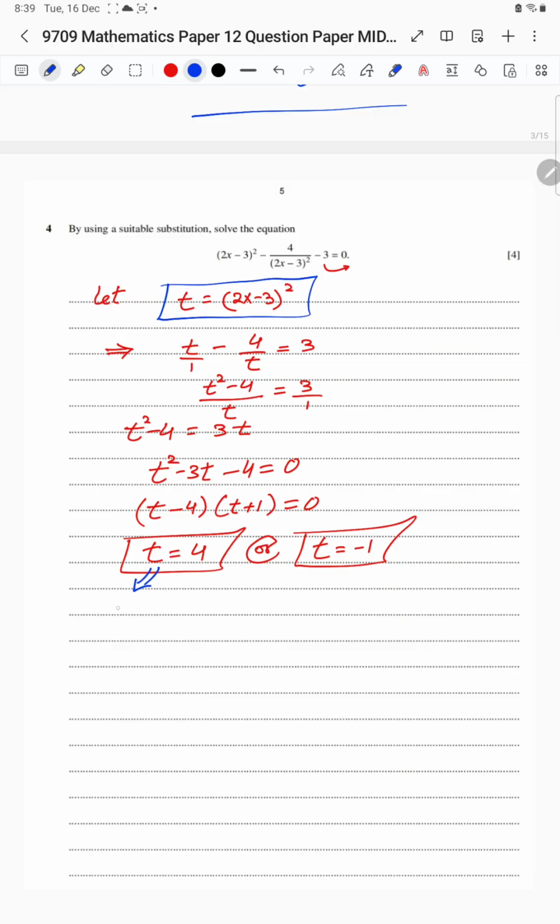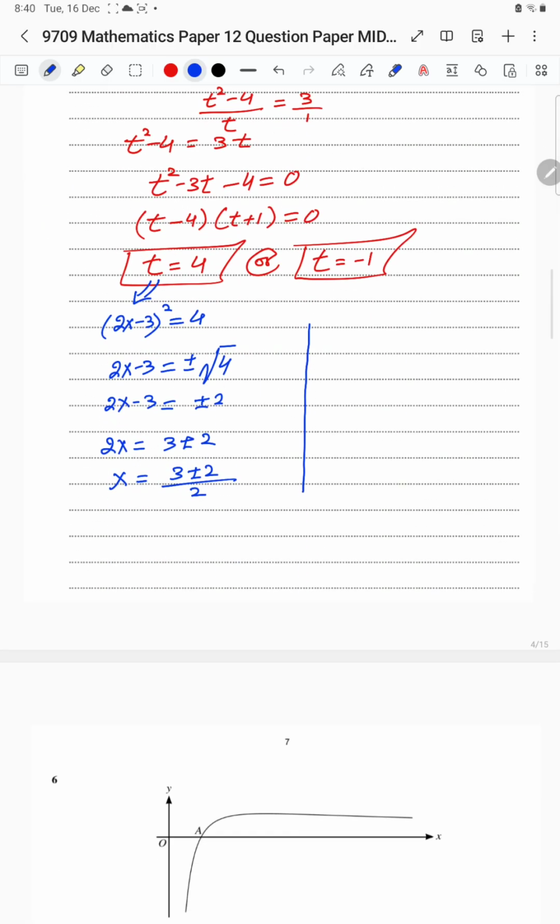I replace the value of t, that is (2x minus 3) whole squared equal to 4. Taking the square root on both sides, I'll get the square root of 4, but to keep plus and minus, so 2x minus 3 will be plus minus 2. So 2x will be 3 plus minus 2, x will be 3 plus minus 2 by 2.